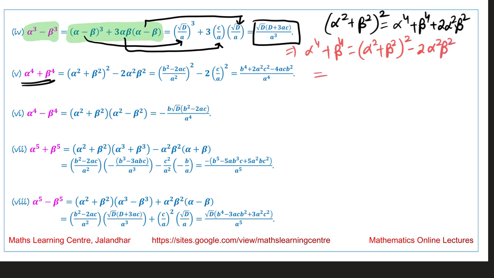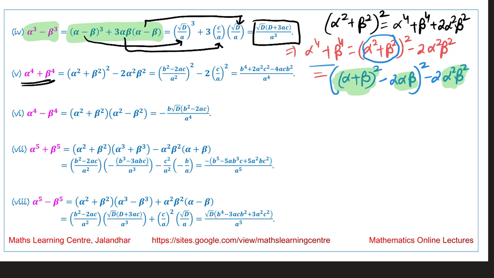Now the value of alpha square beta square, we know, is alpha beta whole square, and alpha square plus beta square is alpha plus beta whole square minus 2 alpha beta. And now we know the value of all these terms: alpha plus beta is minus b by a, alpha into beta is c by a. When we substitute these values in this formula, we obtain the final answer in this form.